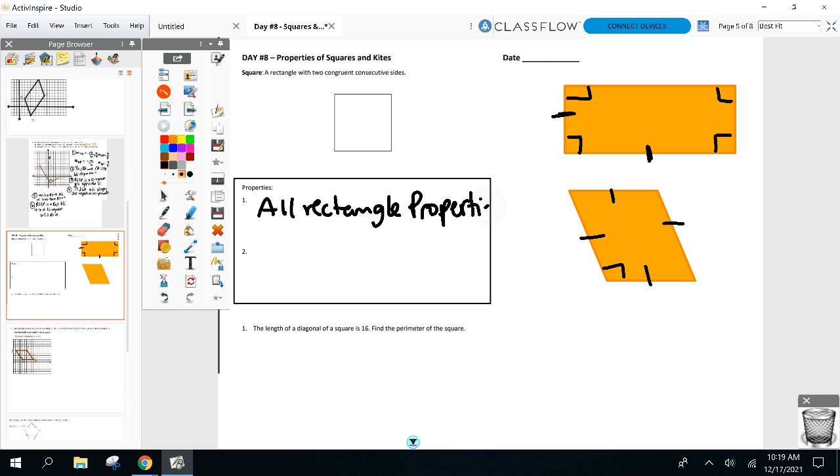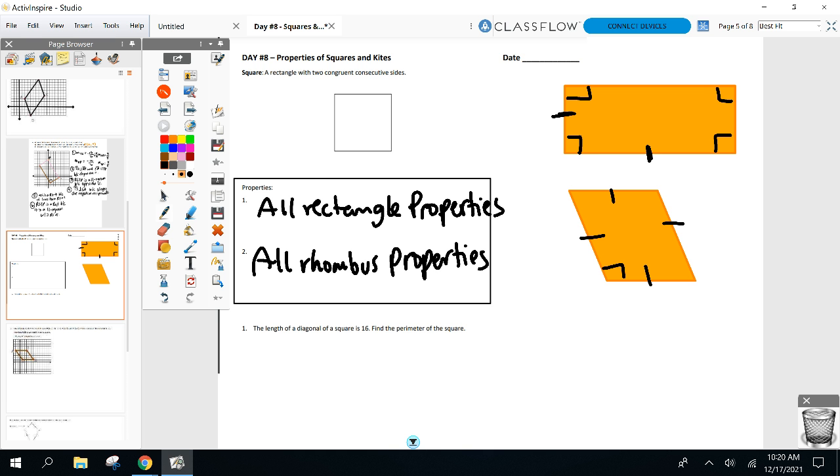Anything we have discussed, this square has. A square has all of them. That's a lot of properties, huh? Just for one figure. That's why it's the golden one.